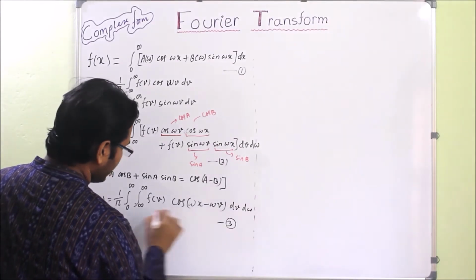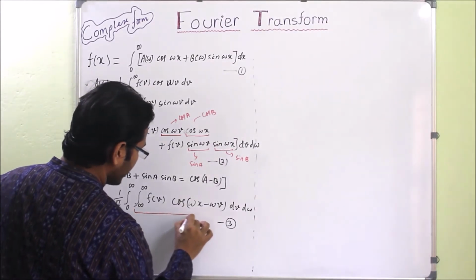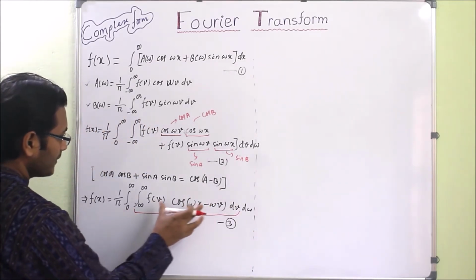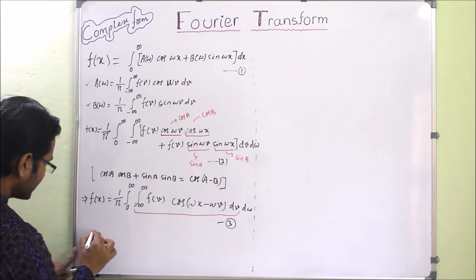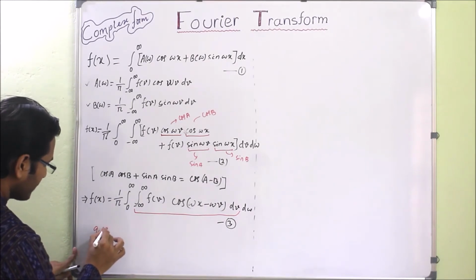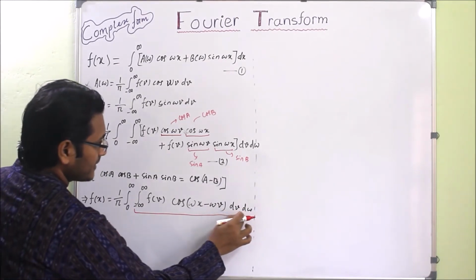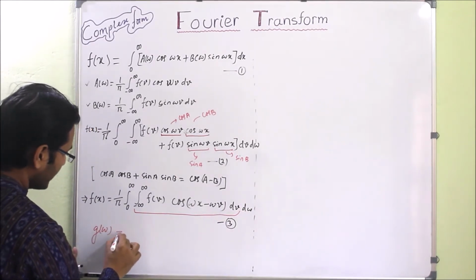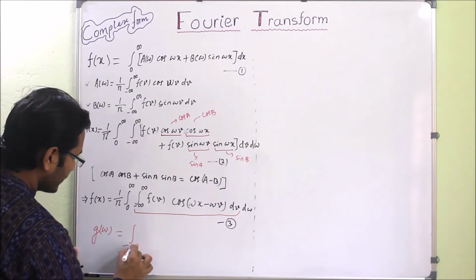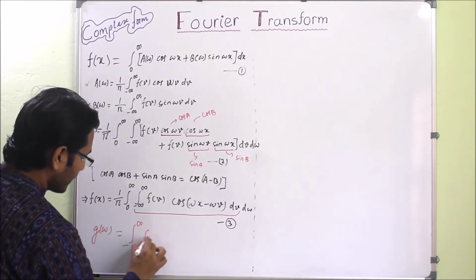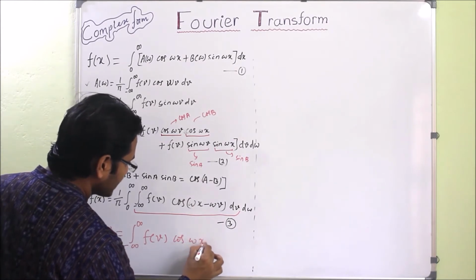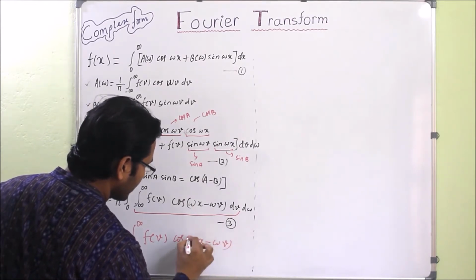If I take the first integral as g of w, because the second is dw, then gw is the integral from minus infinity to infinity of f of v cos of wx minus wv.